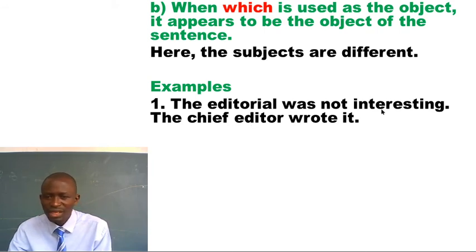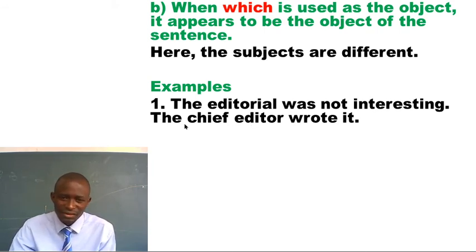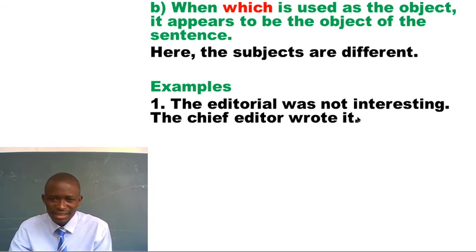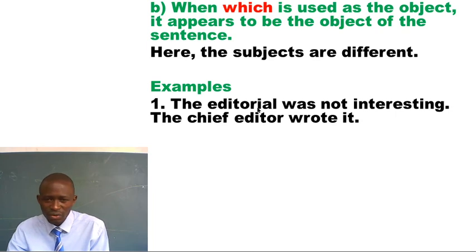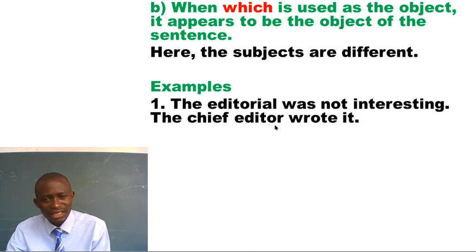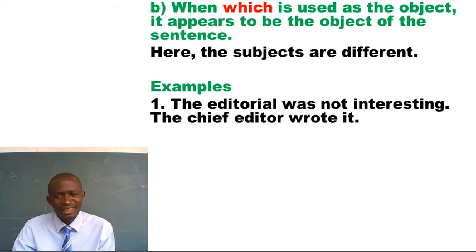The editorial was not interesting; the chief editor wrote it. You realize that we have this "it" relating to the editorial, but the doer is different. We shall say, the editorial which the chief editor wrote was not interesting. That will be the answer.